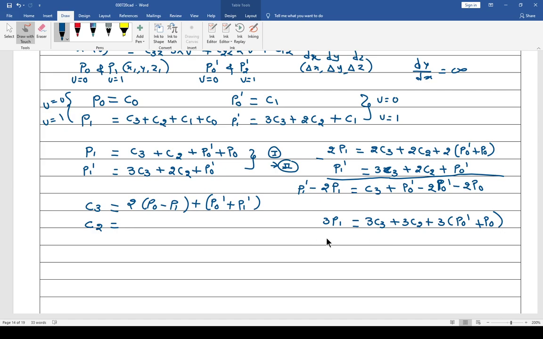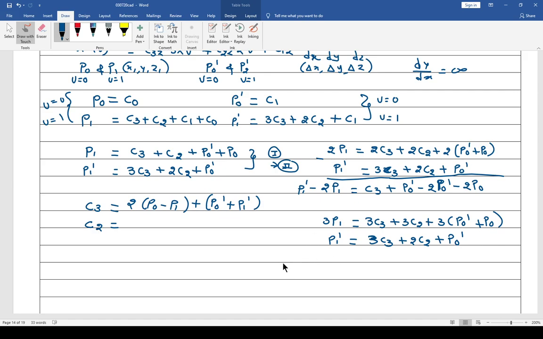Okay, so I'll get p1 dash is equal to 3 times c3 plus 2 times c2 plus p0 dash. Now let's subtract it.